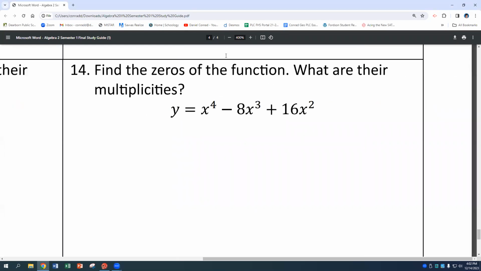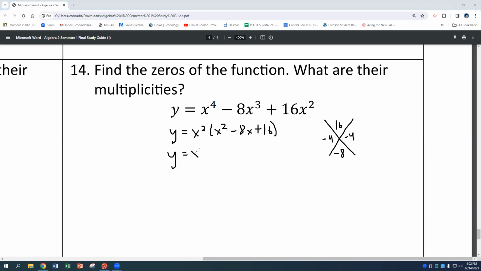14. Same question. We can factor out x squared. We're left with x squared minus 8x plus 16. We can use our x method. We need two numbers that multiply to +16, add to -8. That's going to be -4 and -4.